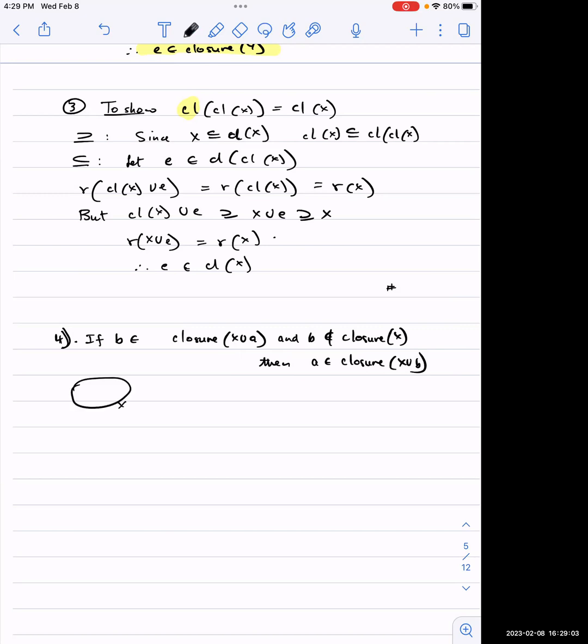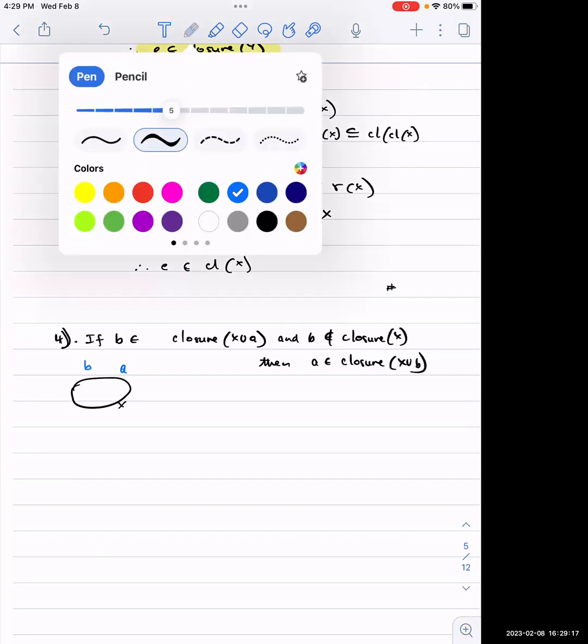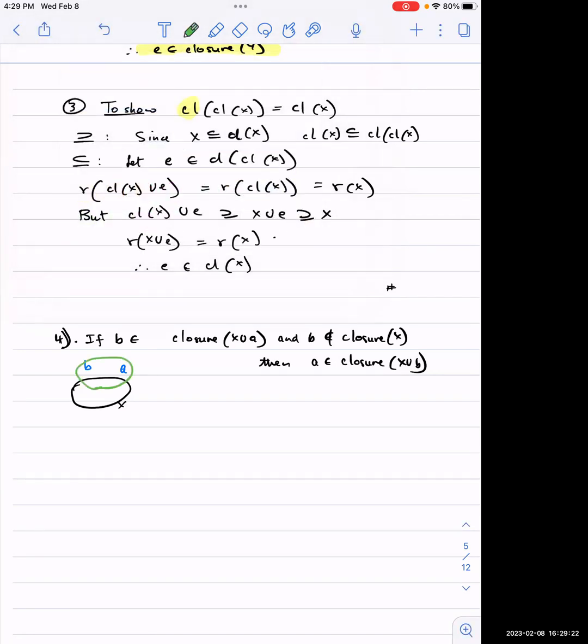So you have X, and B is in the closure of X union A. So we're not saying that A is in X or anything. So somehow this is A and this is B, then there's a circuit containing A and B, then A will be in the closure of X union B.